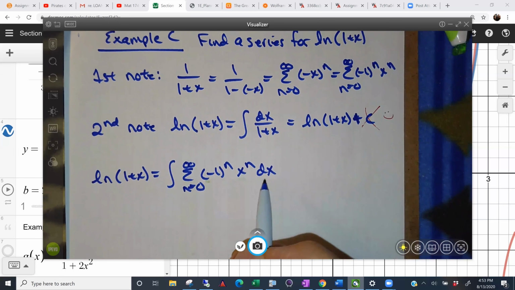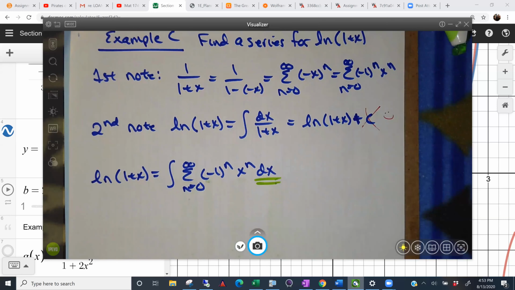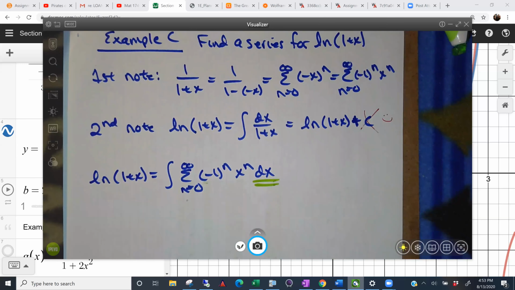Now, that dx is important because it reminds you what you're integrating with respect to. We're integrating with respect to x. So anything that's not dependent on x can go out of the integral. Just like when you're integrating, say, 3x squared, 3 can come out in front of the integral because it's independent of your variable.